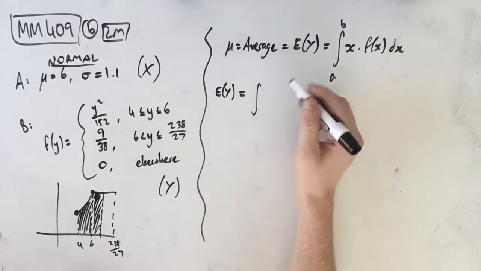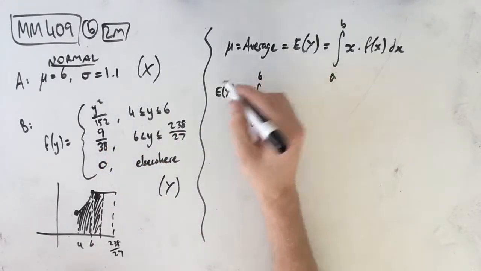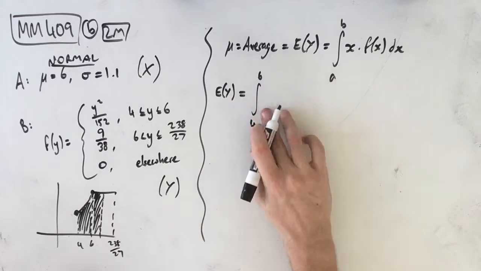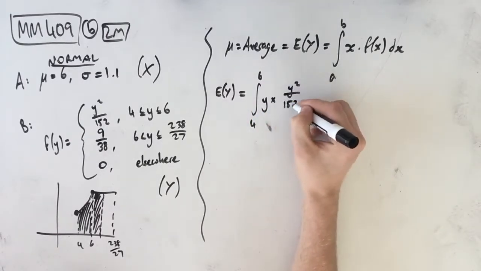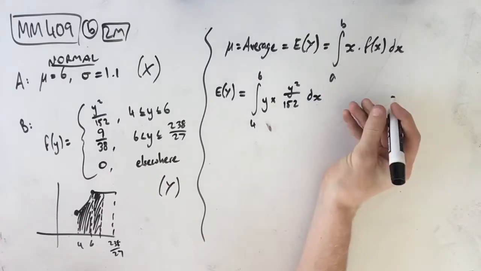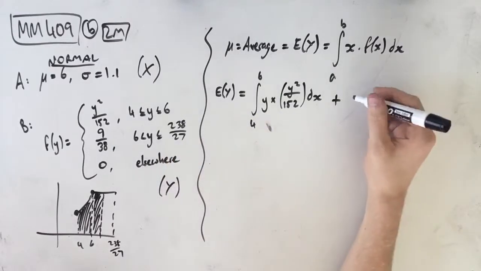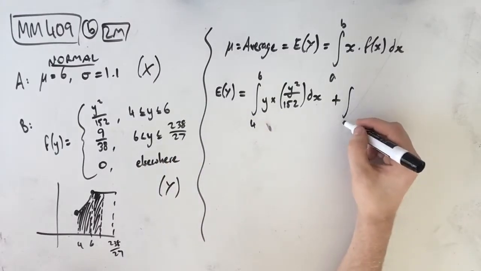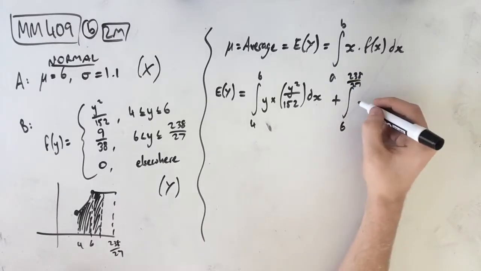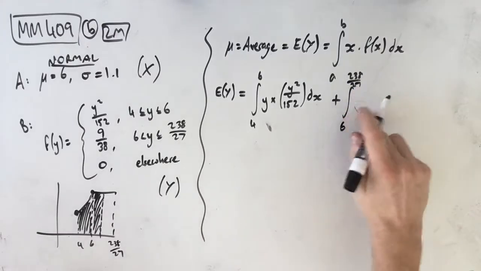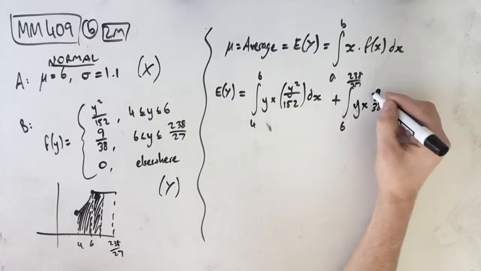So what I mean by that is we have our formula here, our lower to our upper, so 4 to 6, so we do our first function first, of y times y squared on 152 dy. You can put these in brackets if you want to, plus the other one. So plus our 6 to 238/27 of y times 9/38 dy.